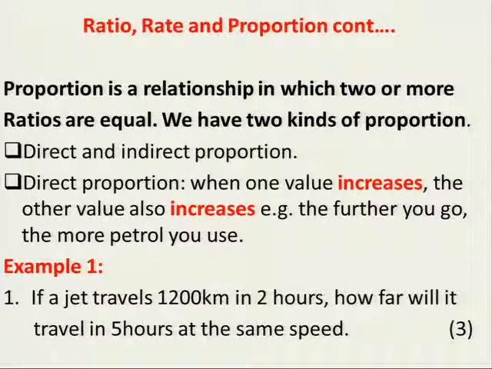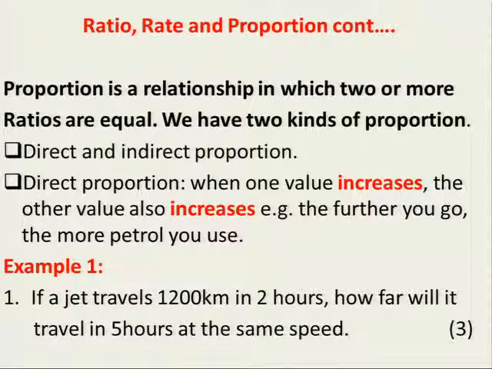The first example there. If a jet travels 1,200 kilometers in 2 hours, how far will it travel in 5 hours at the same speed? So now you should remember, they say, if one value increases, the other value also increases.